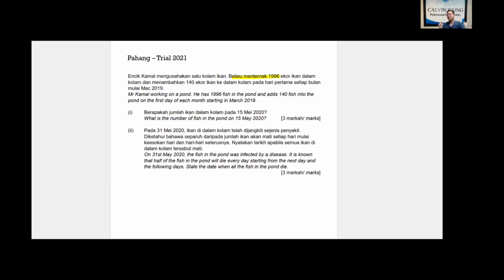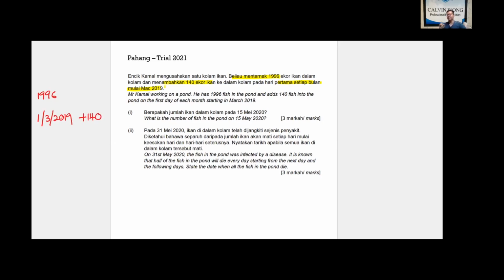Beliau menternak 1996 ekor ayam ikan. Okay, tambah ikan 140 pada hari pertama setiap bulan mulai March. That means initially I have 1996 and then on 1 of March 2019 I add 140. Yes, you need to write this one.